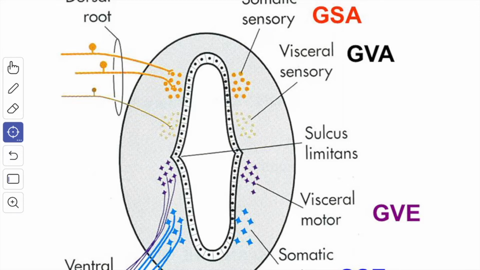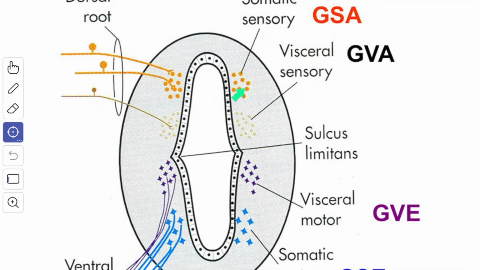Likewise, in the dorsal alar part, you have the general visceral afferent. Afferent is sensory. Then you have the general somatic afferent column.